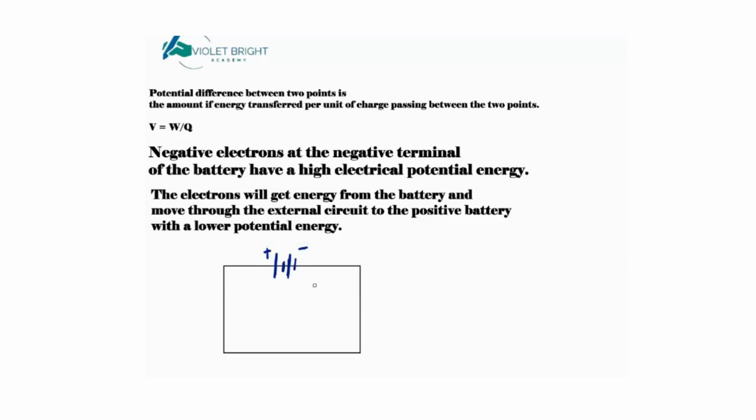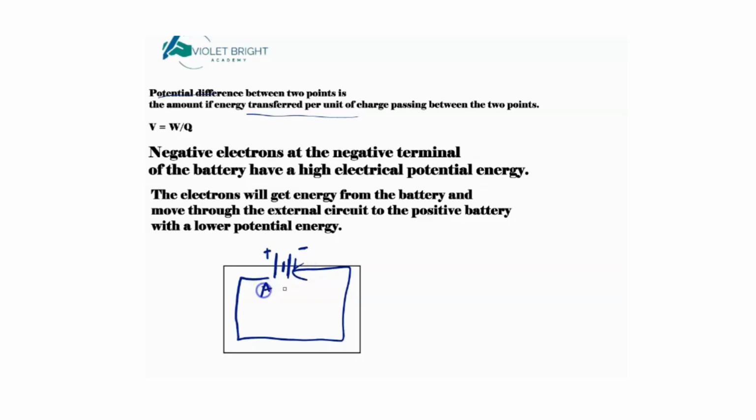So the potential energy between 2 points is the amount of energy that will be transferred per unit charge between 2 points, which means going from this point and then coming back to the other point.